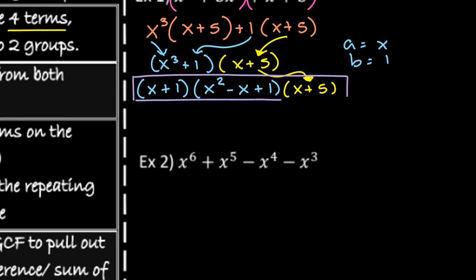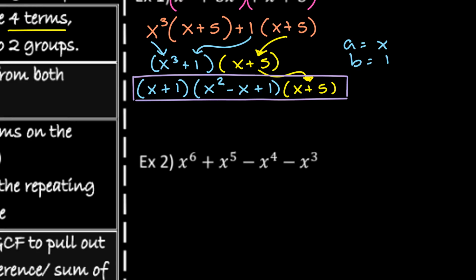Do you not have to do the FOIL thing? You don't have to do that since there are so many factors. So do I need to FOIL? No, I just spent all that time breaking stuff apart. I'm not going to put it back together. And Haley, what was your question? Since you have the x plus 5 and the x plus 1, do you combine them?